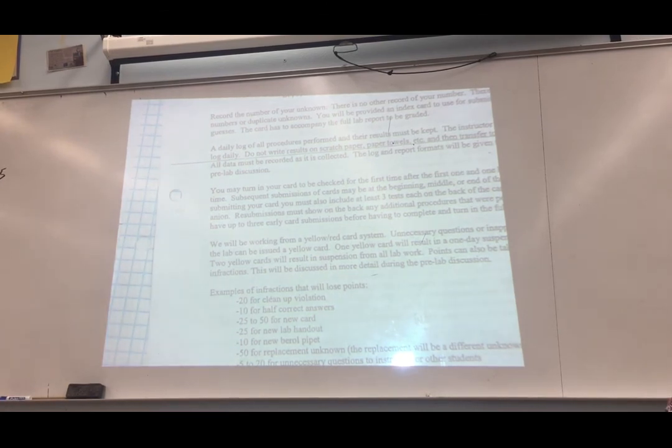The very first thing you do is secure your unknown. We put them away. All the period 1 unknowns will be put in the back, locked up. I'll put period 4 out before you leave. I have AP on 2nd and 3rd. So you want to secure your unknown first. Then you go to your cleanup duty.